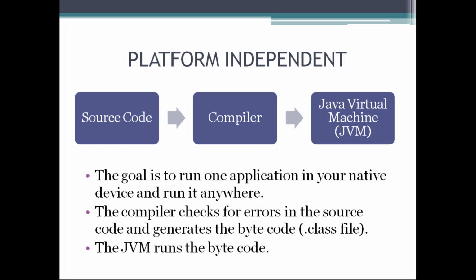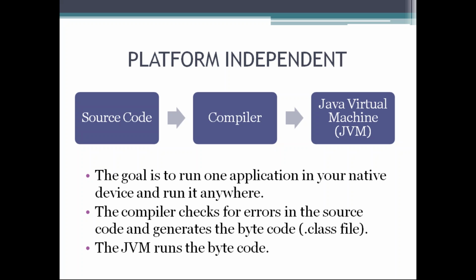All it can understand is zeros and ones. So the class file consists of nothing but zeros and ones. This is how the Java code written in English is translated into zeros and ones by the compiler. And this file is the dot class file.